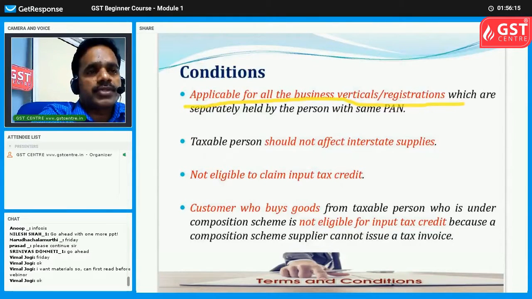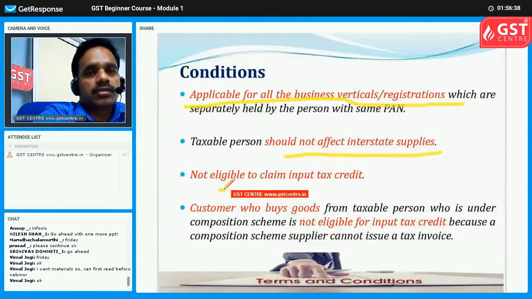If that person has opted for the composition scheme for the supermarket, he has to opt for it for the textile manufacturing unit also. He cannot say he opted only for the supermarket. No, it is applicable to all verticals.